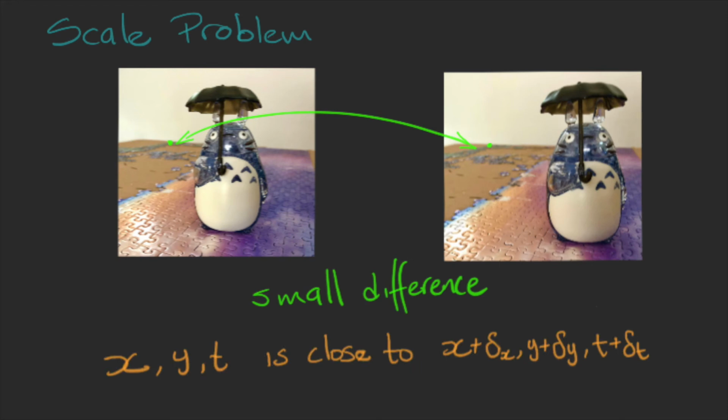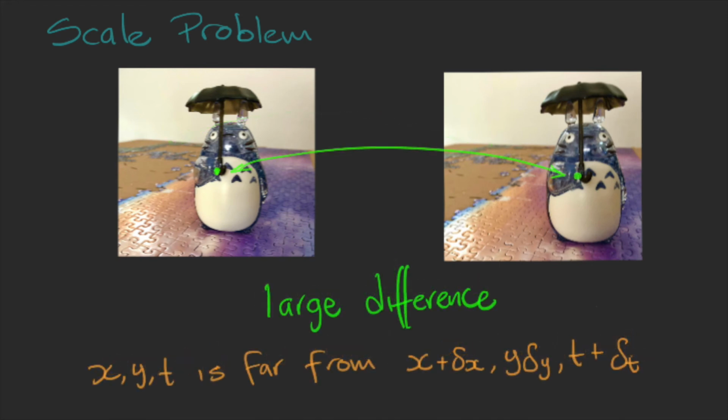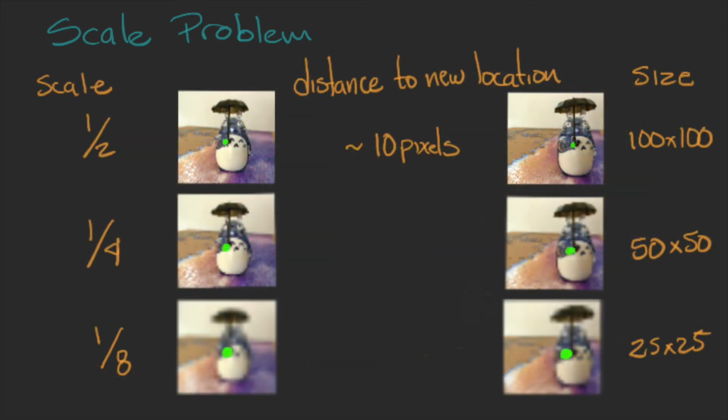For example, let's say that the difference between this point and the new location in another image is 10 pixels. However, if we reduce the resolution of the images by half, then the difference in the location will be only 5 pixels. If we keep going, eventually the difference between the initial position and the next one will be only 1 pixel. And then we are not violating the optical flow constraint.